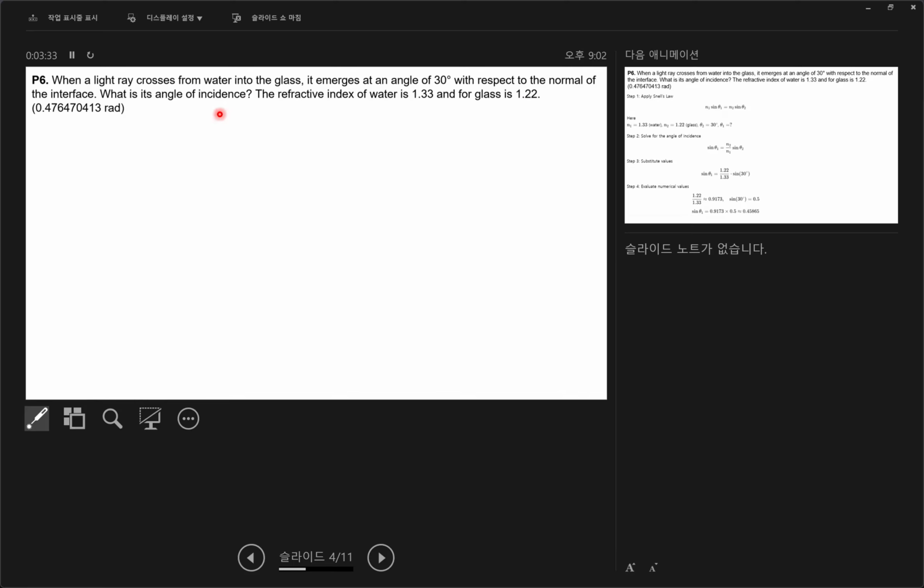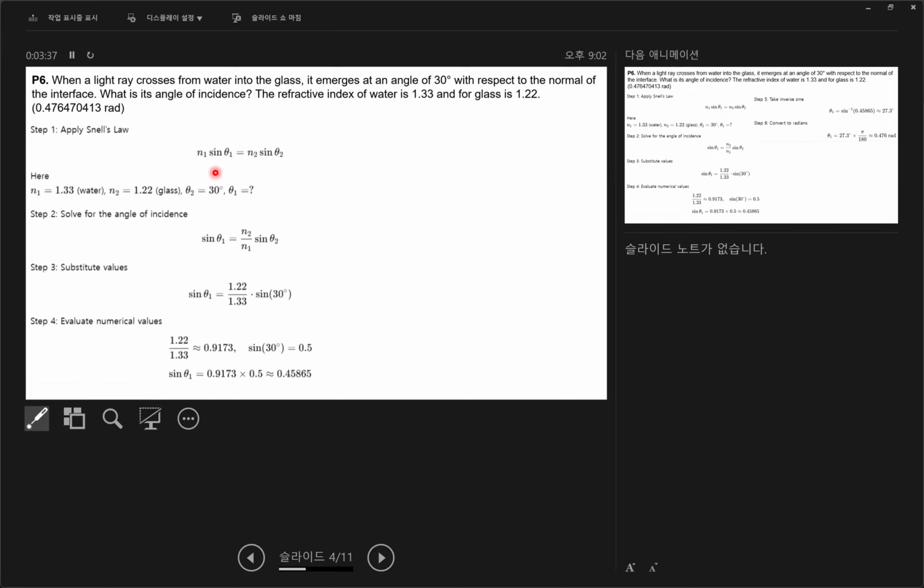the angle of incidence. So once again, we are going to apply Snell's law. n1 is water, n3 is the glass. Theta 2 is given. The angle of refraction is 30. And then we want to find out what theta 1 is. This is Snell's law, so just plug in the knowns and then find the unknowns.